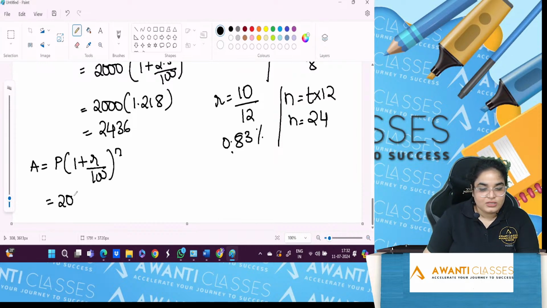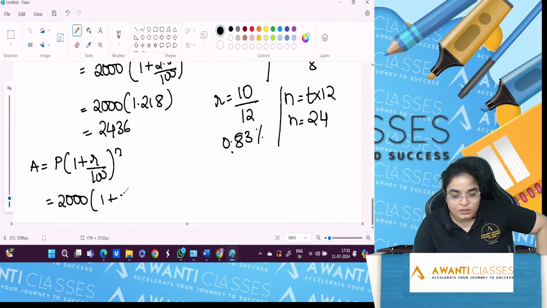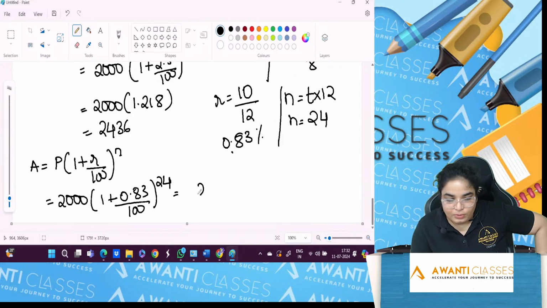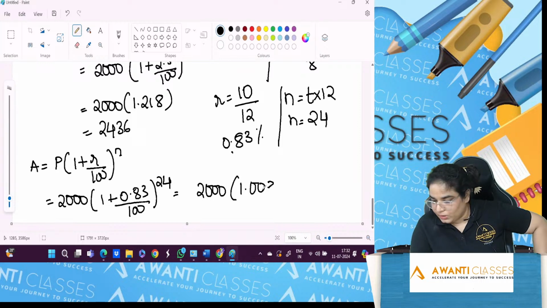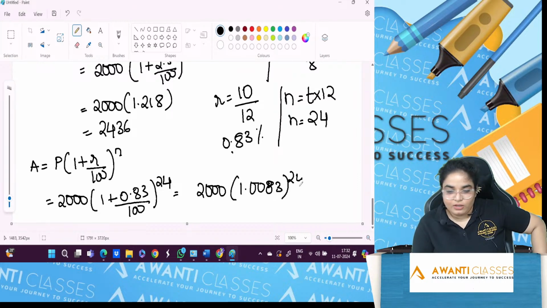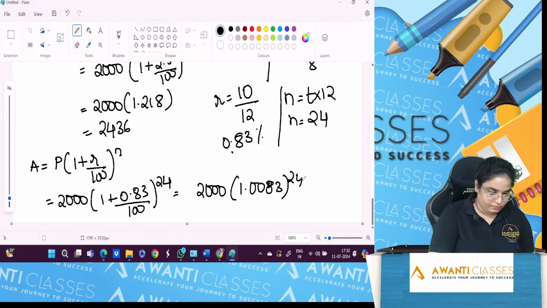This is 2000 into 1 plus 0.83 divided by 100 to the power of 24. When we open the bracket and solve this, we get 1.0083 to the power of 24.